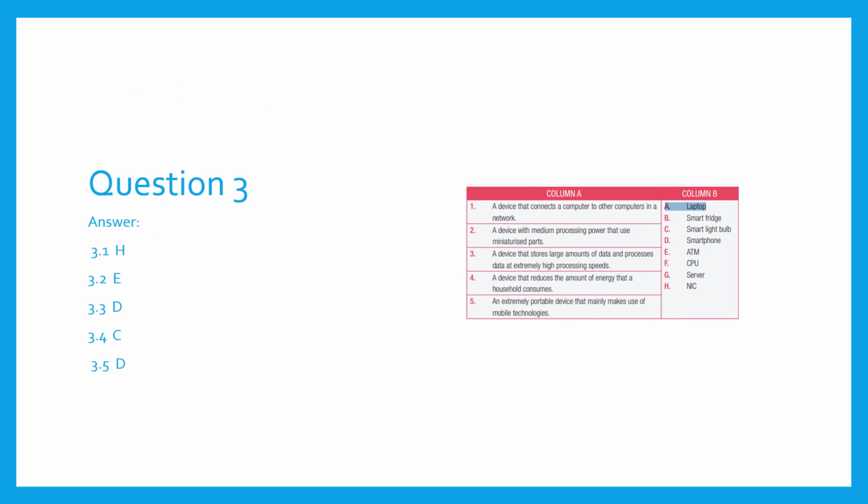Question 3. A device that connects a computer to other computers in a network is a NIC. A device with medium processing power that uses a USB, a miniaturized part, is E. ATM.